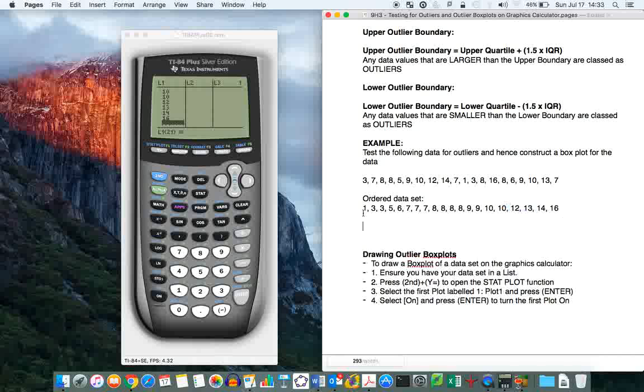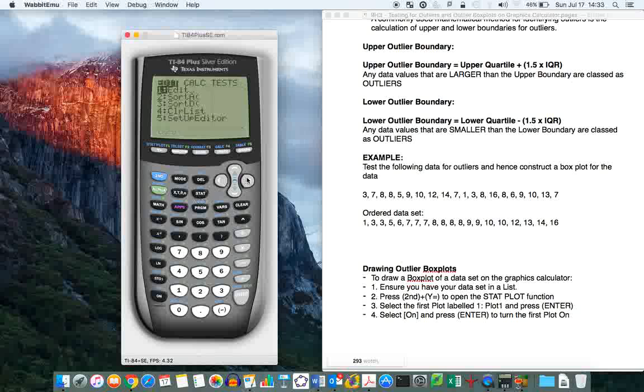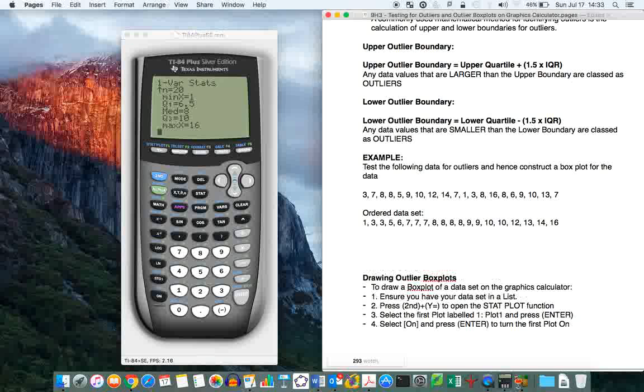Now I could do this by hand and work out where the 5-number summary is, because you need to work out what the interquartile range is to work out what the boundaries are. But I can use a calculator to do that. So go stat, calc, 1-var stats. My data is in list 1. All the data I need is here.